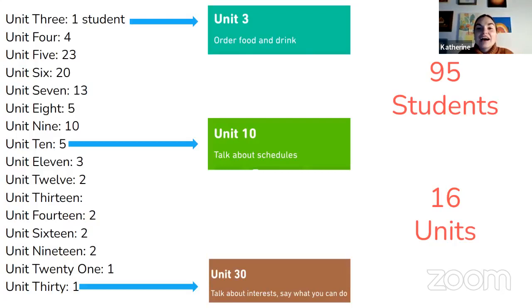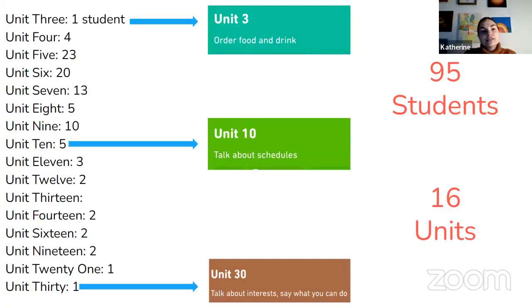So I have a total of 95 students. And this is a snapshot in time. I collected this data about a week ago. These are the 16 different units that my students are all on. And we're talking from unit 3 all the way to unit 30.